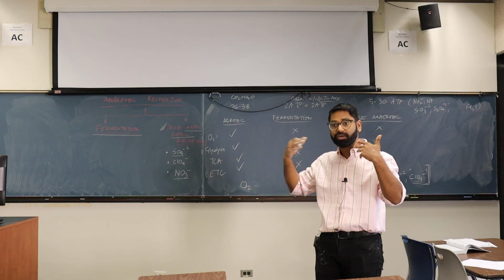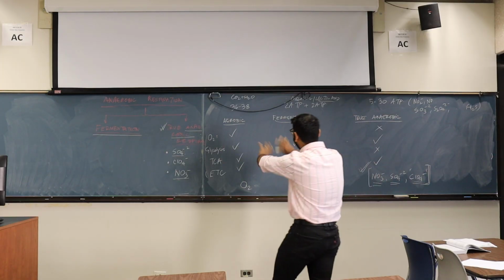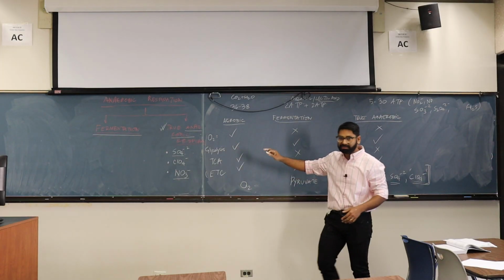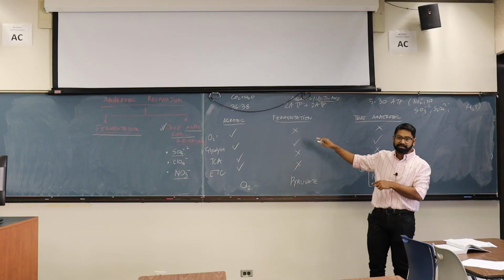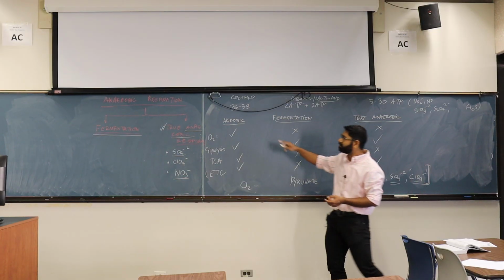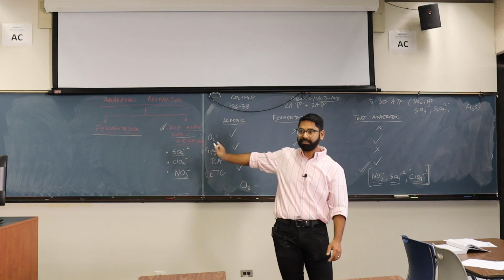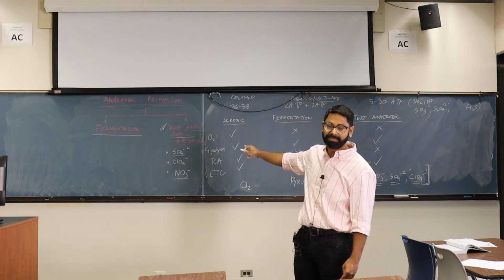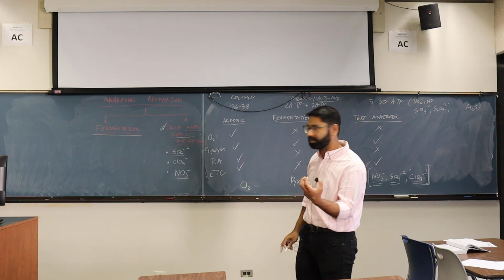Coming back to the electron donors. In all these three, you must have seen the electron donors were the organic carbon. So you always started with the glucose in here. We were always starting with glucose. So this is a reduced form of carbon.